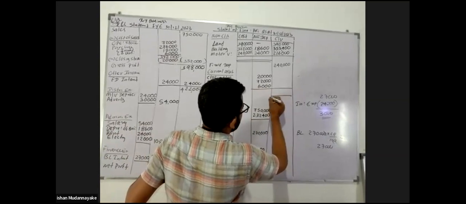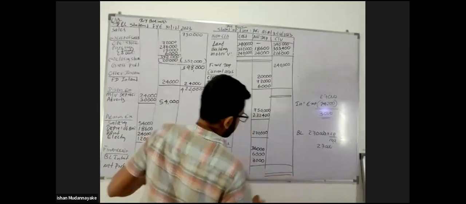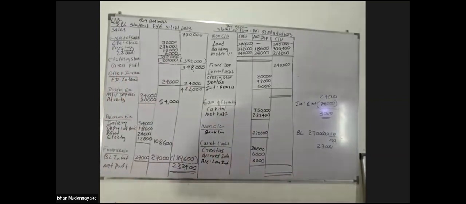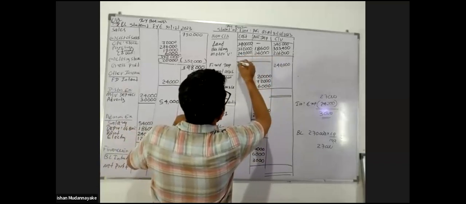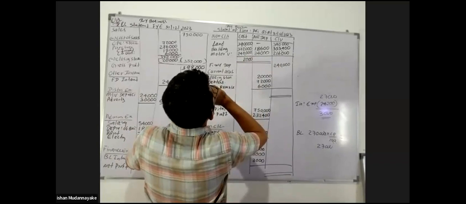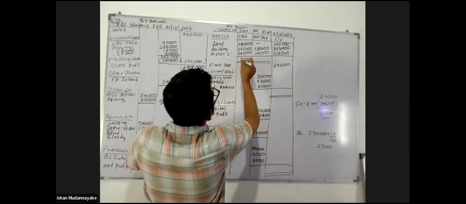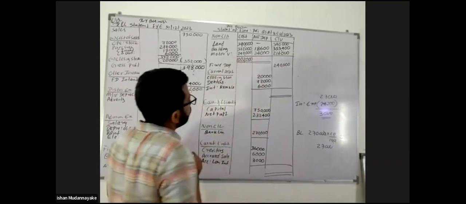Right. Now you can balance off the statement of financial position. Cost of the fixed assets $1,002,000.